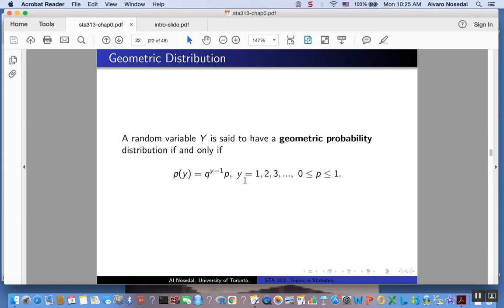Remember that the support for the probability mass function of a geometric goes from 1 up to infinity.